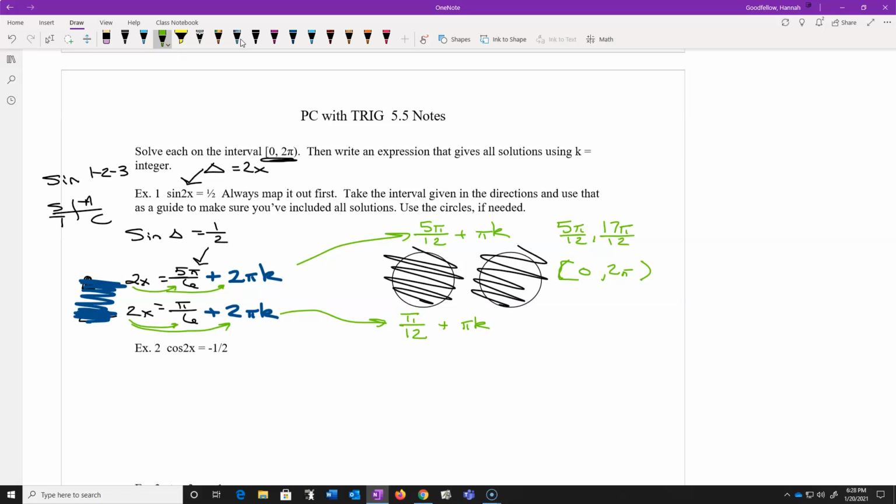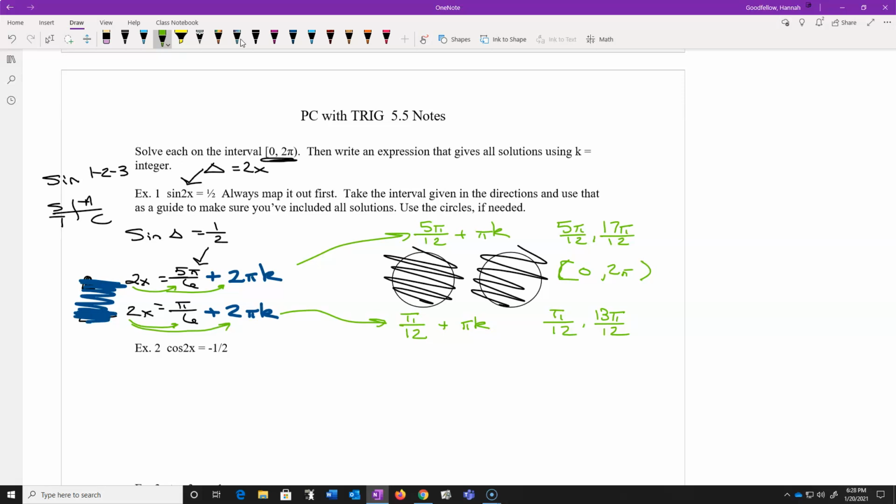That's going to be the 2 that are generated out of that one within one revolution. This one's going to generate the same kind of idea, pi over 12, but then I add another 12 pi over 12 here for pi, and I'll end up getting another answer of 13 pi over 12. And those are going to be your 4 individual solutions.